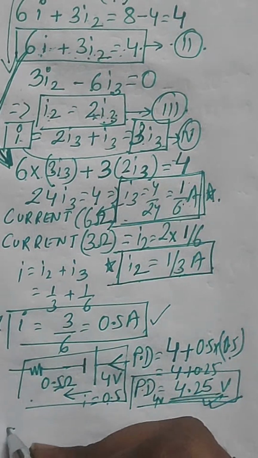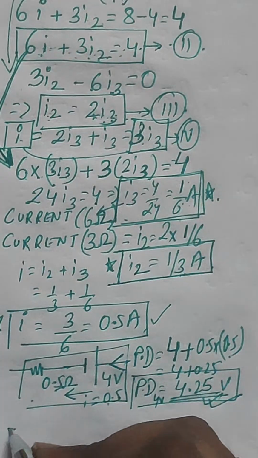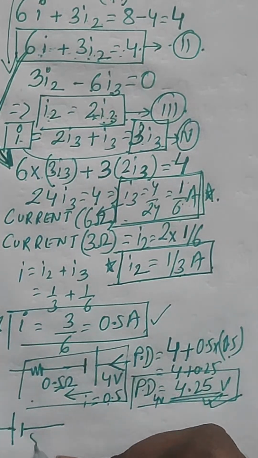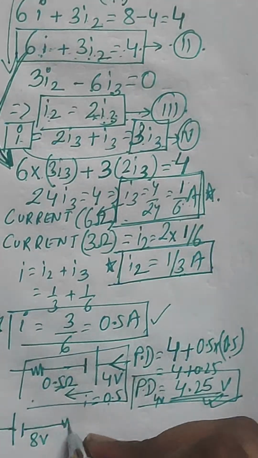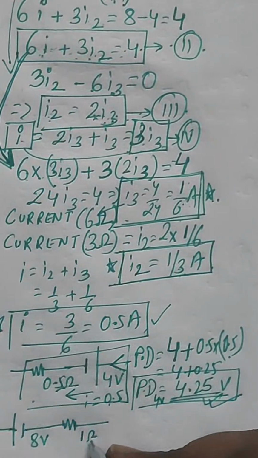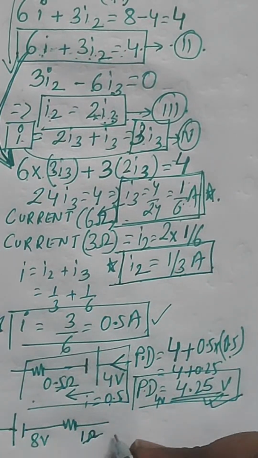Now again you can see another source of current is the EMF source of 8 volt, and it was having an internal resistance of nothing but 1 ohm. So what is the potential difference?